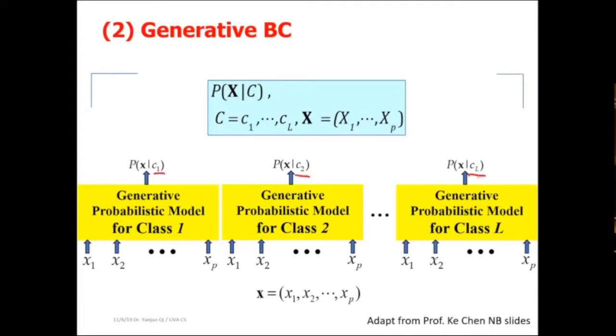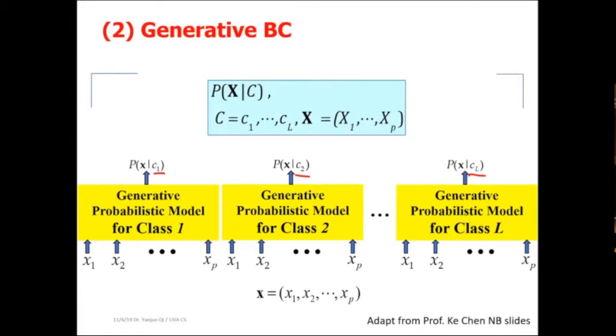It asks how the first class, C1, generates my example x, how the second class, C2, generates my x, and how the L-th class generates my x. This is the probability it's modeling.